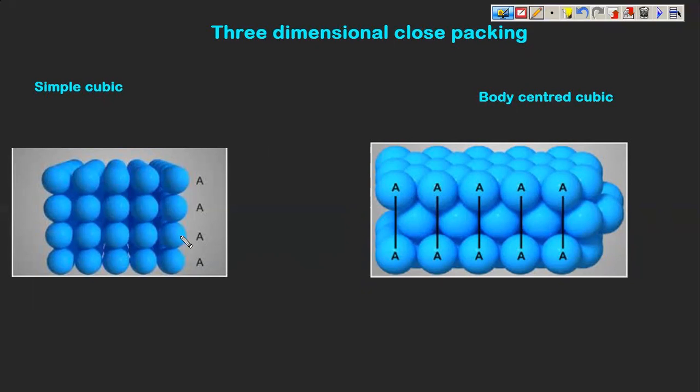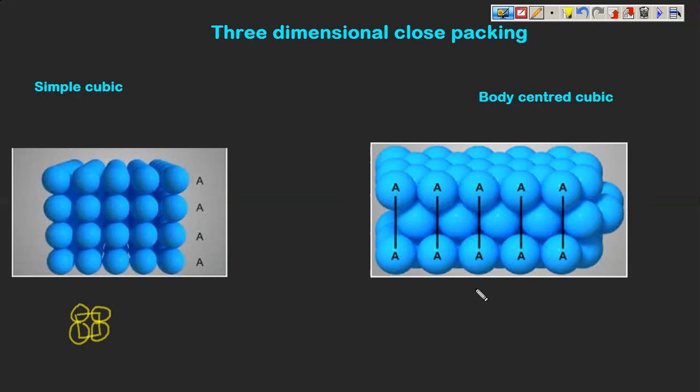If the layers are aligned with each other in the same way, then it is simple cubic packing. Here the unit cell formed is a simple cubic unit cell because the particles are present only at the corners.